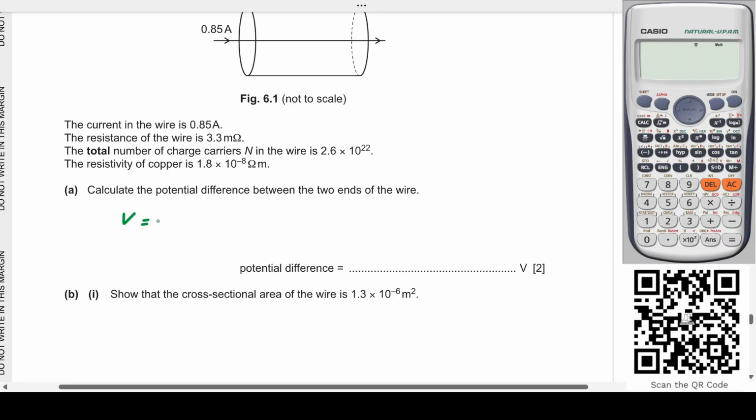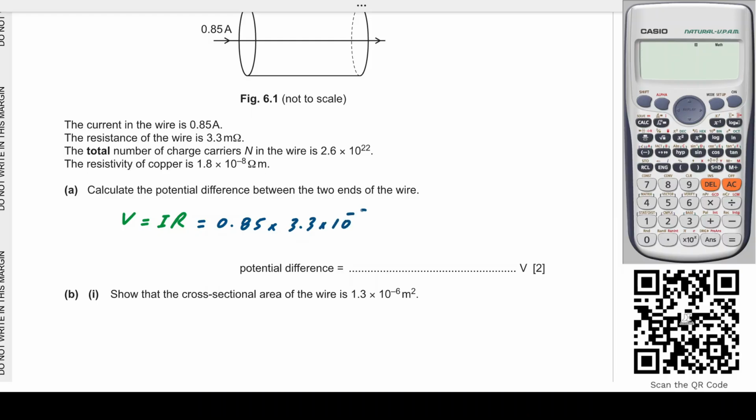Potential difference V equals to IR. I represents the current 0.85 times the resistance, which is 3.3 milliohms. So 0.85 into 3.3 into 10 power minus 3.